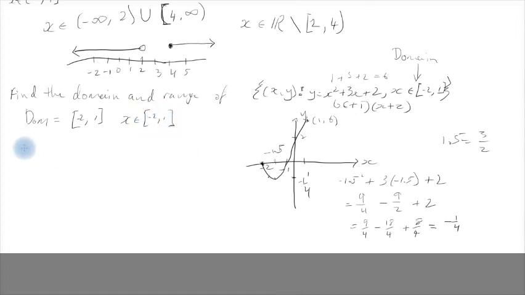And the range, well, because we're including this point here, the range goes from minus a quarter up to 6. And similarly, you could say y is within minus a quarter to 6. So there we go. Example done. See you in class.